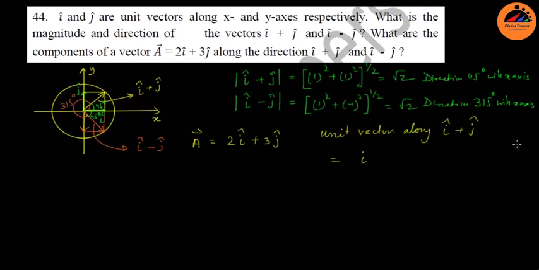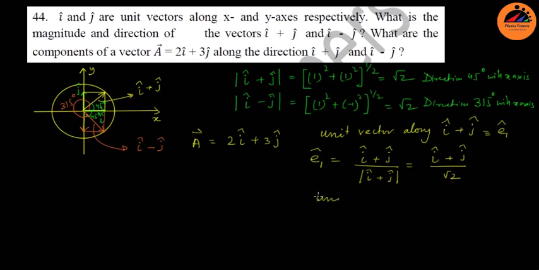So i cap plus j cap divided by the magnitude of i cap plus j cap. The magnitude of i cap plus j cap we've already found out. So i cap plus j cap by root 2. Say this is e1 cap. So the unit vector is e1 cap.